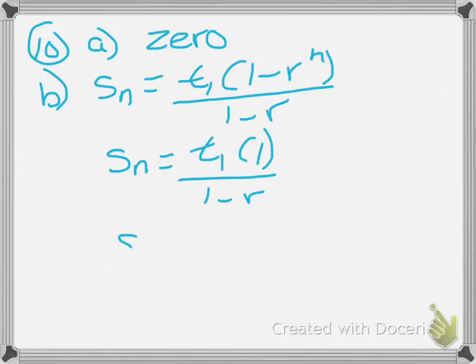And if you went ahead and wrote your formula as S sub n equals t sub 1 divided by 1 minus r, you're still correct. You're still absolutely correct.